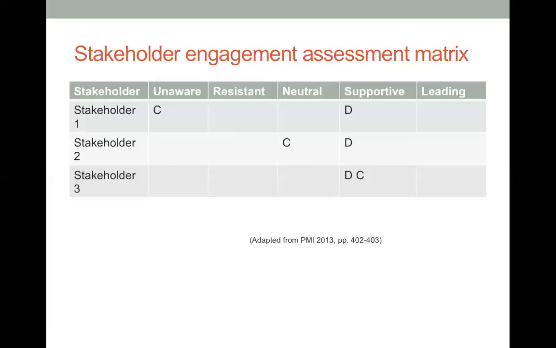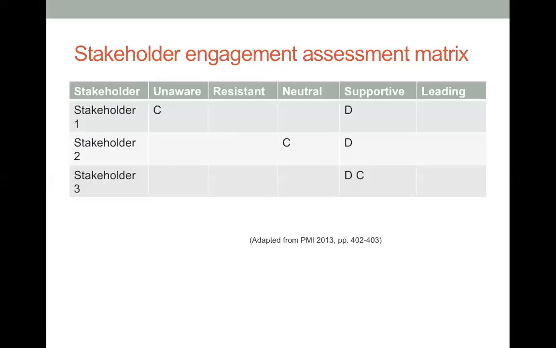If that's the case, you need to consider again whether you really need their support or not. If you do need their support, then you need to set up a specific approach, like organize a one-on-one face-to-face meeting with this person, or if necessary, you may want to talk to your manager to get support.